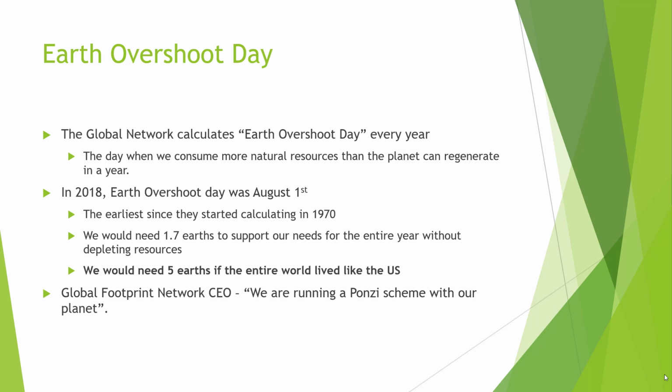In 2018, so last year, Earth Overshoot Day was August 1st. So that means by August 1st, we had used all the resources that can regenerate in one year. So if you think about that, that left September, October, November, and December, four months or a third of the year that we were using next year's resources.